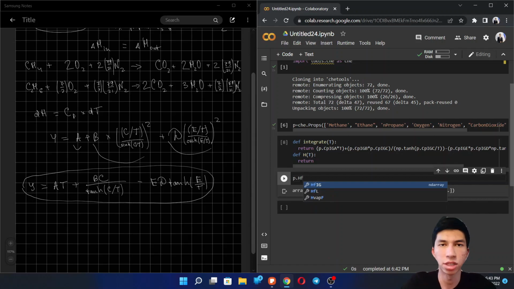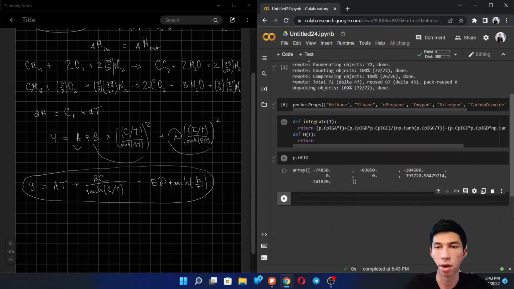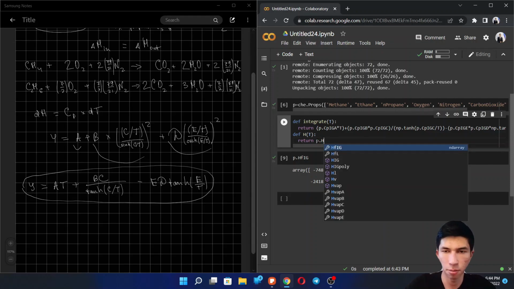From our CHE tools, we can get the heat of formation for ideal gases, right? So here we're getting all the heat of formations for ideal gases for the compounds. If you notice, we have 0, 0 for oxygen and nitrogen because they are in their standard forms, in a gas form, so they have a heat of formation of 0. So we can use this heat of formation.